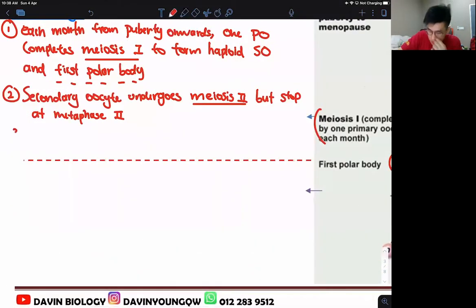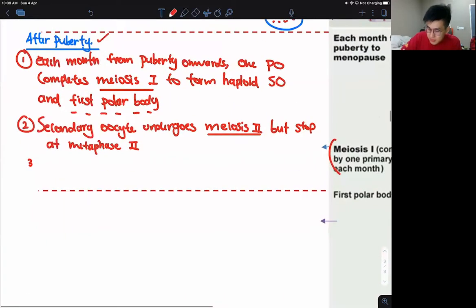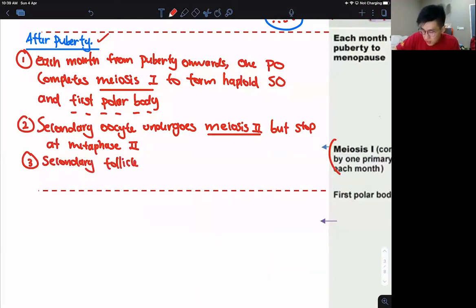You can say now, the secondary follicle then develops into Graafian follicle. The G actually needs to be capital, because it is a proper noun, Graafian follicle.